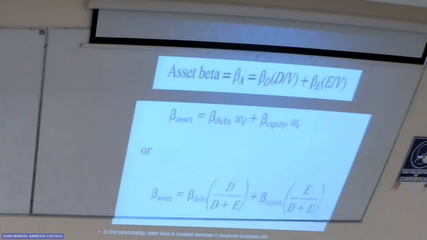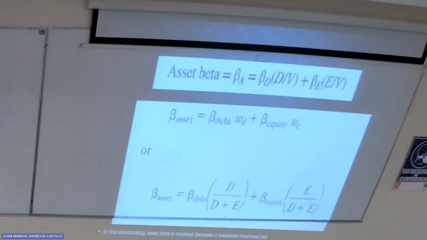The weighted average of the returns on debt and equity. Why? Because it cannot be the same if the company is financed 90% with debt and 10% equity, as if it were financed 20% debt and 80% equity. We cannot have the same equality. It has to be a weighted average.